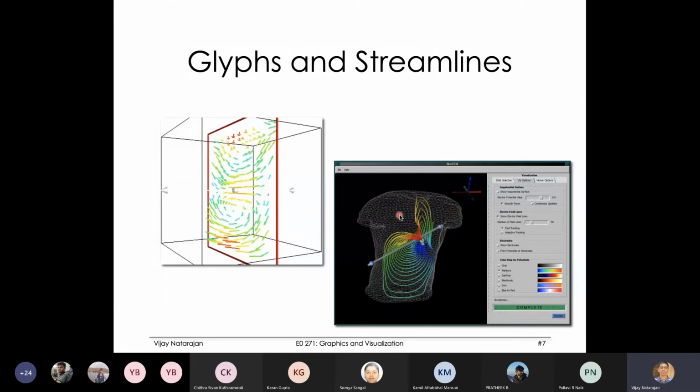On the right, you see some streamlines, but here is an interesting user interface. What is done is the user chooses this kind of a line. So this is a vector field from within the body. As I understand, this is some biostatistics study where you look at the ion distribution within the body.